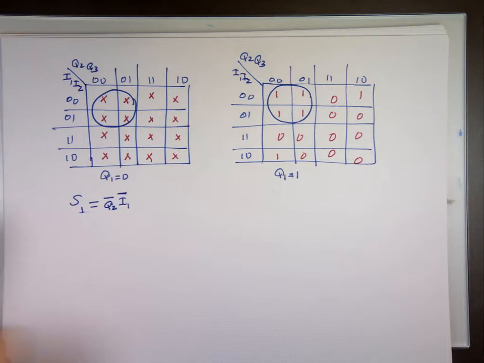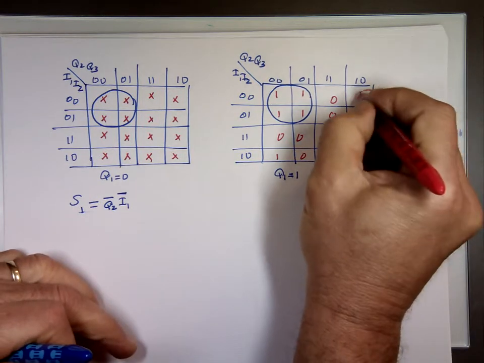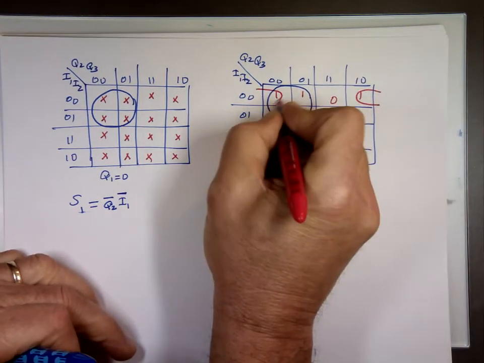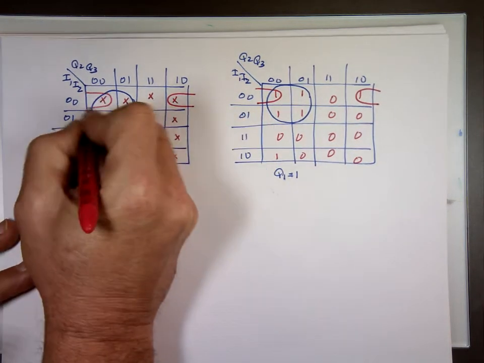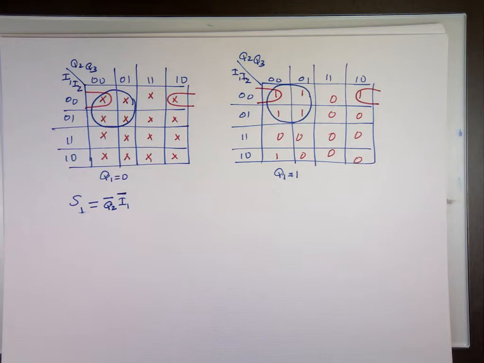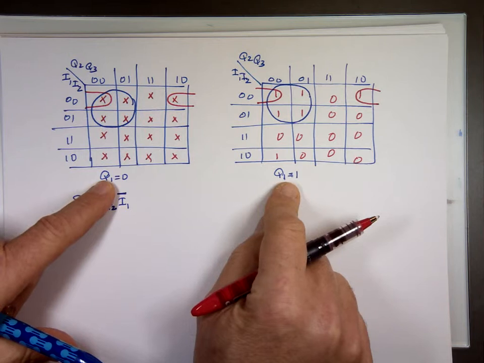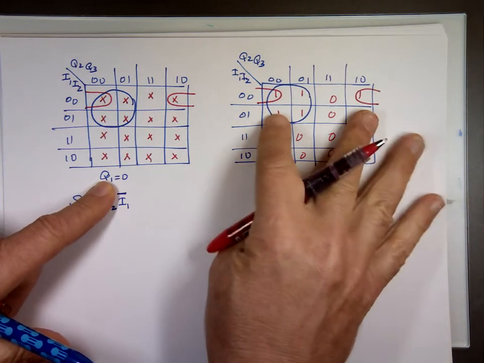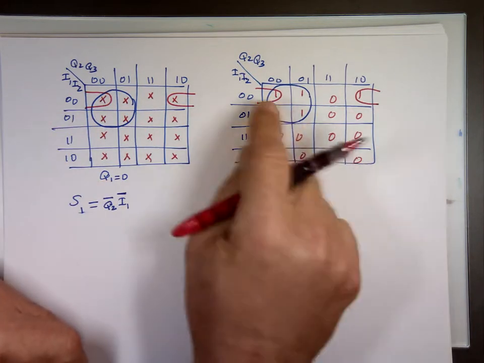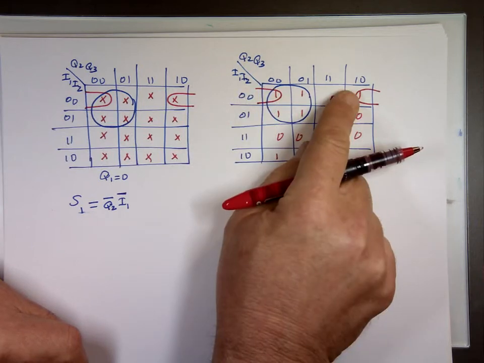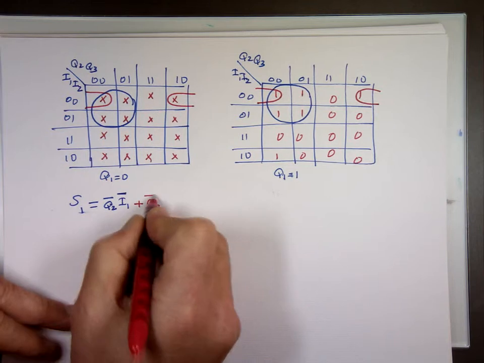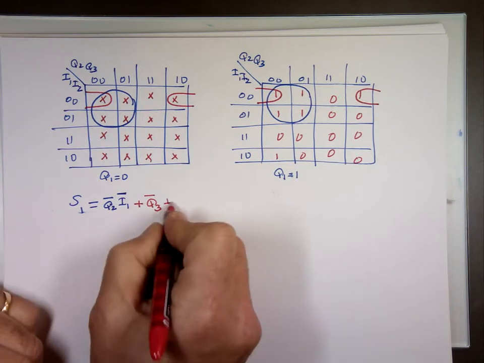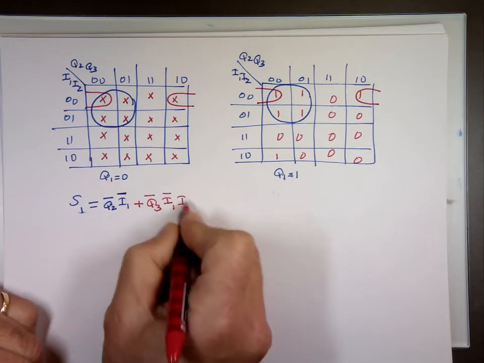I can also take this one with this one, and take it with these two. That's 4 now instead of 2. If I take them together, Q1 is gone. So let's look at that. What do we have? Q2 is changing, it's gone. Q3 is 0, bless you. That's Q3 not. I1 not, I2 not.